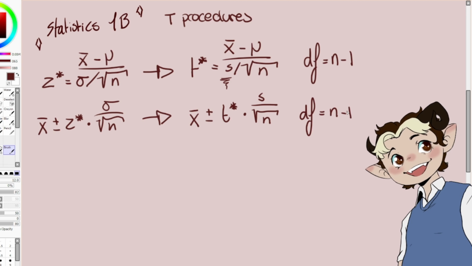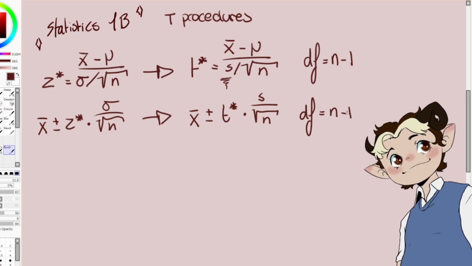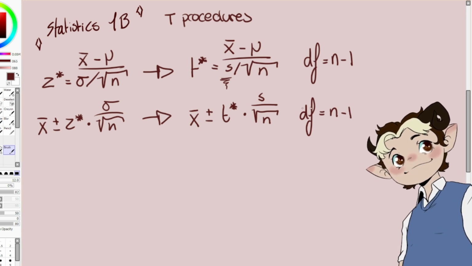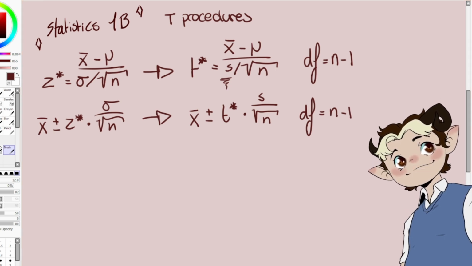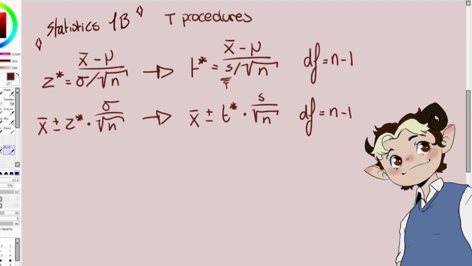Very easy, very simple. It is the exact same way, and I'm going to walk you through it on how to look at the table and how to interpret everything. But basically, if you understand Z, you're going to understand T.